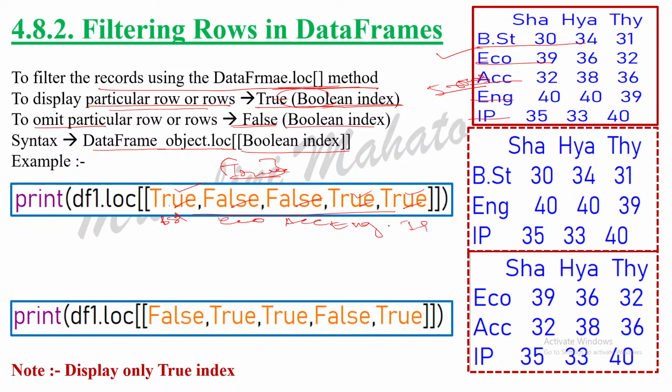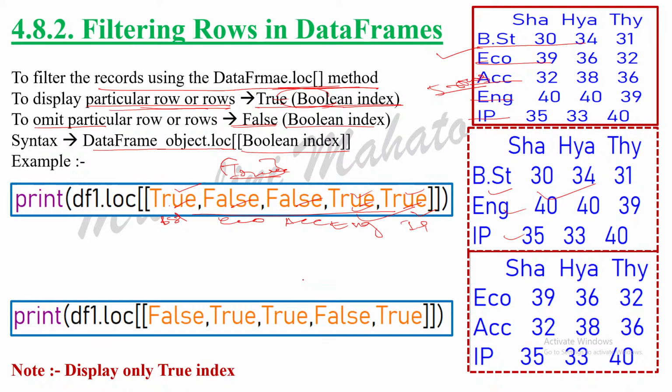Which ones are True? BST, English and IP. Look here, BST, English and IP will display. Only the True part will display. So to display particular row or rows, we can use it like this.